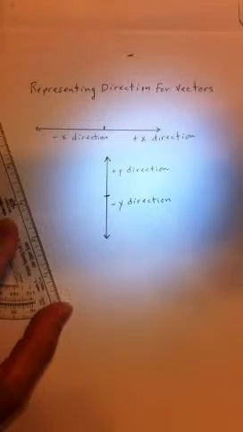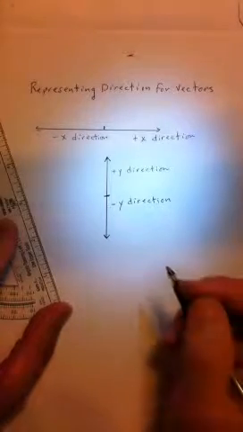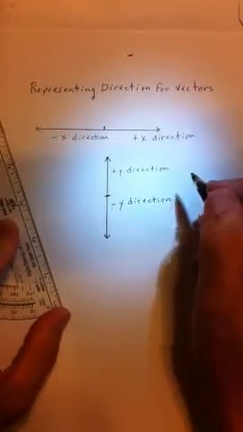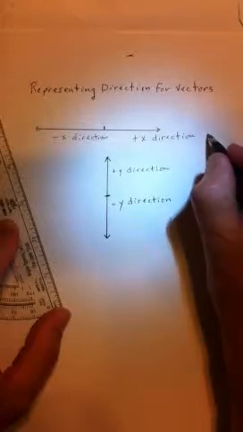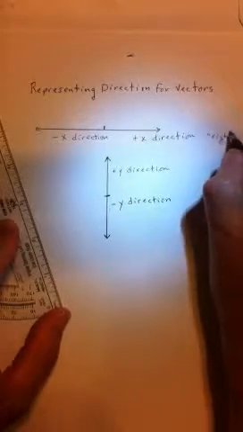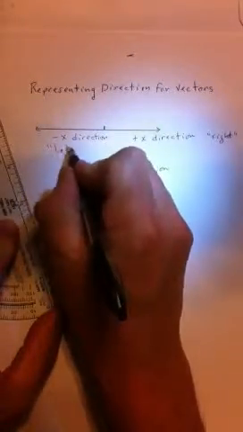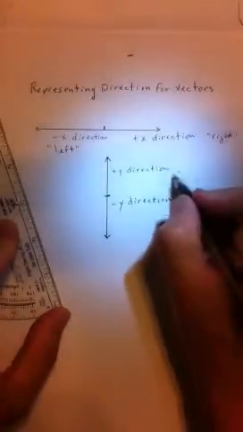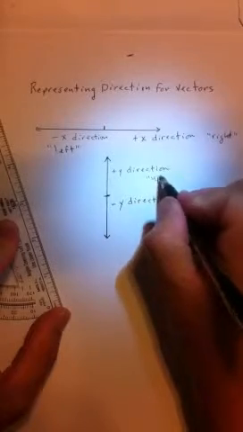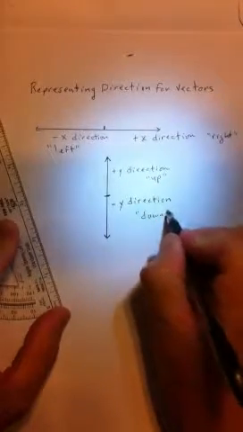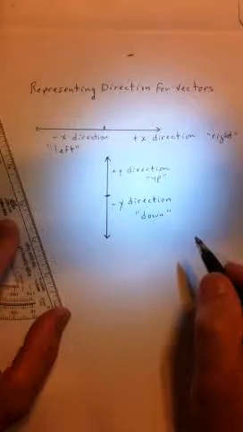Of course, these conventions might be changed for a given problem. We might also call these directions right, left, up, if it's in the positive y direction, or down, depending on what's given in the problem and what you might be asked to find.